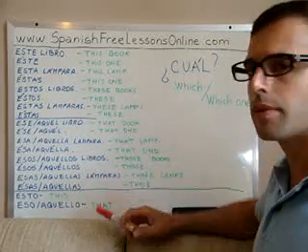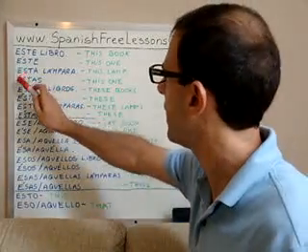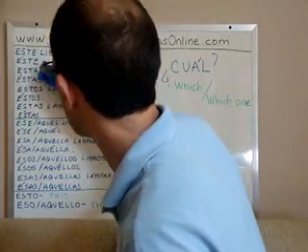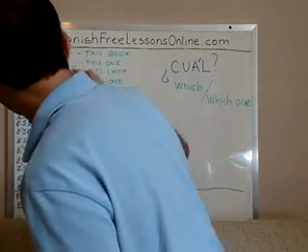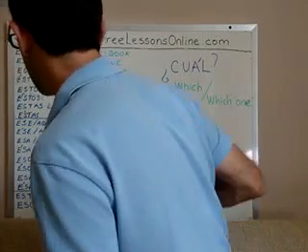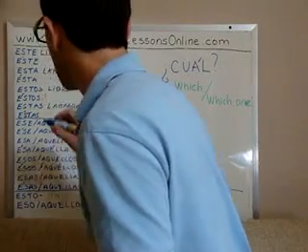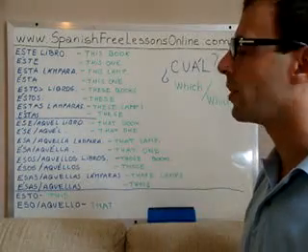¿Cuál? Which one? This one. Sorry, ésta. Here it should be singular, right? Because we are talking about lámpara in singular, just one lamp. Okay? If it were plural, it would have an S at the end, which is not the case.